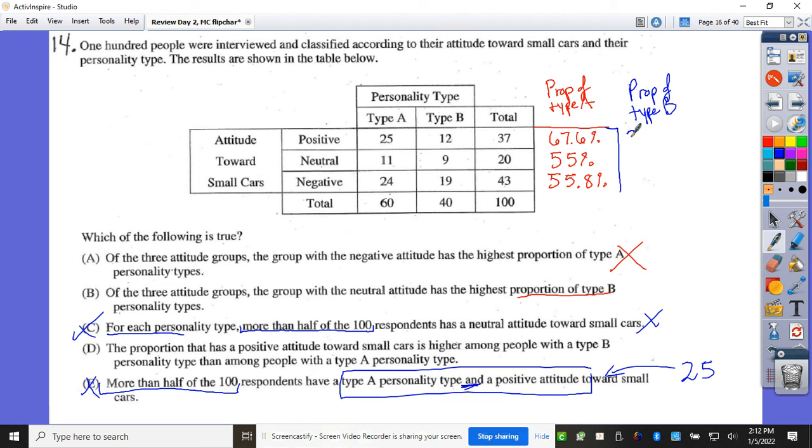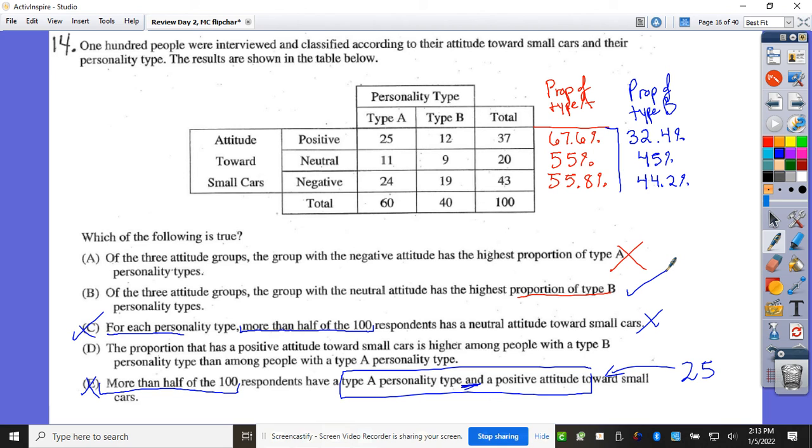So here I've got 32.4, 45, 44.2. So of the three attitude groups, the group with the neutral had the highest type B. Is that correct? Yes.